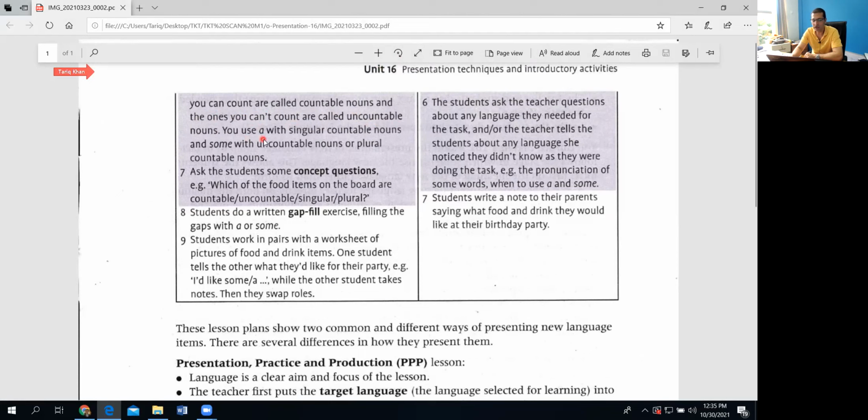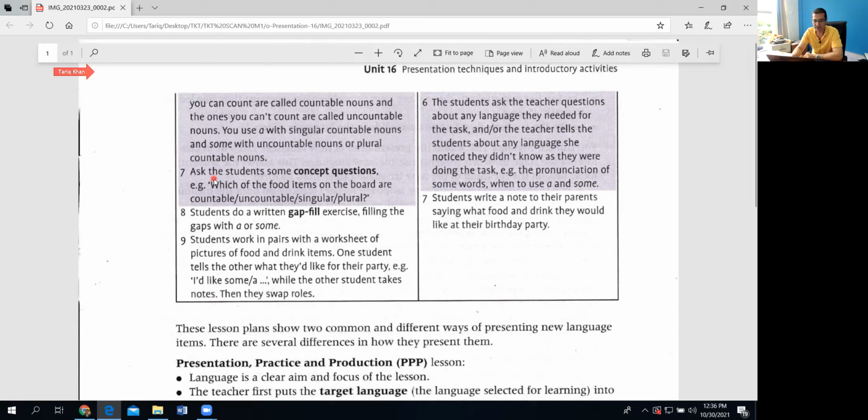You use a with singular countable nouns and some with uncountable nouns or plural countable nouns. This is now you are telling them the instruction regarding the structure, how they have to use the language there.